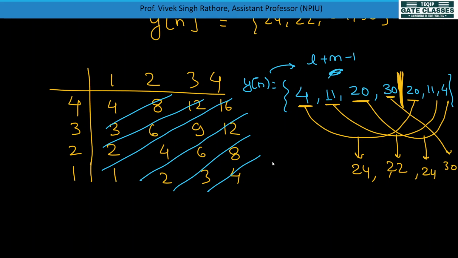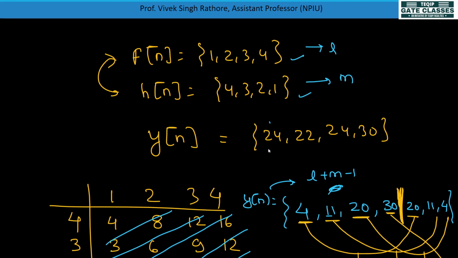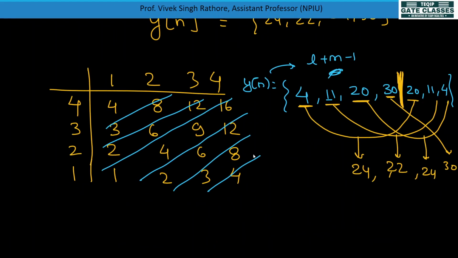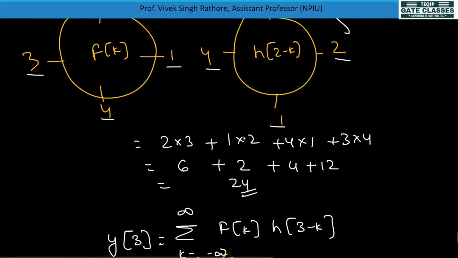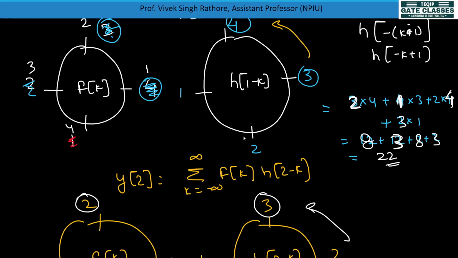Is it the same thing which we calculated in the circular convolution? 24, 22, 24, 30. So this is the method by which it can be calculated from linear convolution also, and from circular convolution also. So I have told you the long cut method to find the circular convolution.